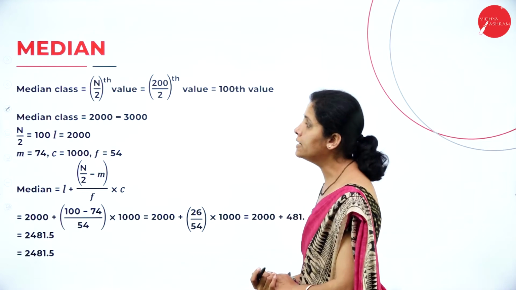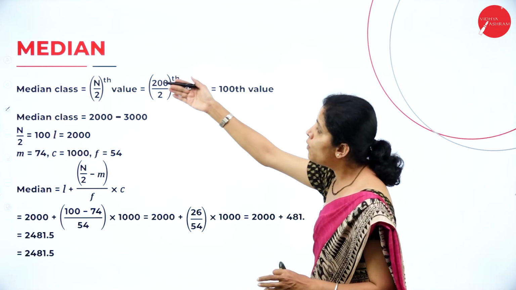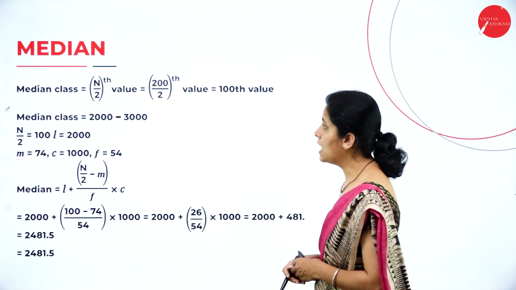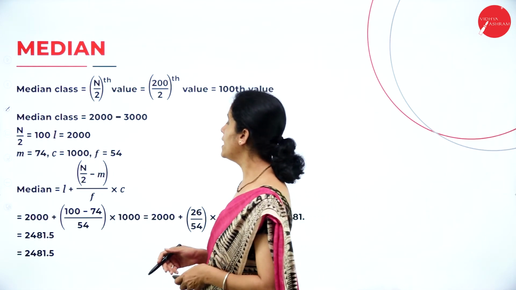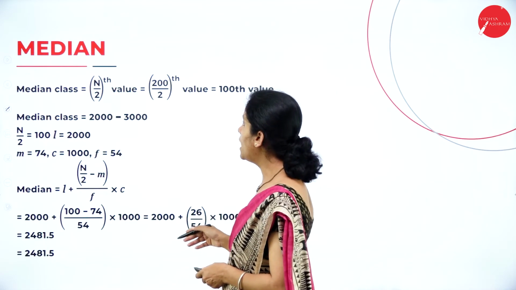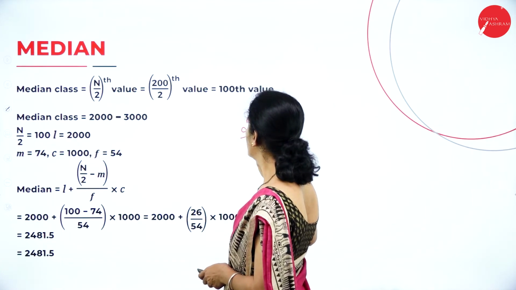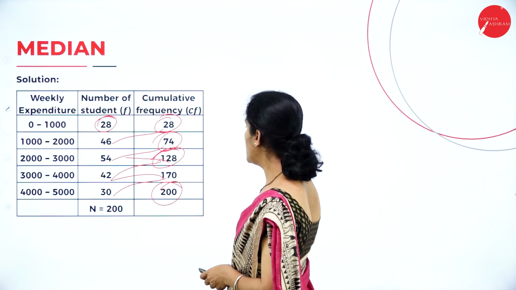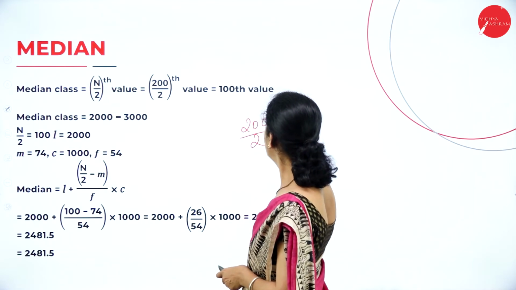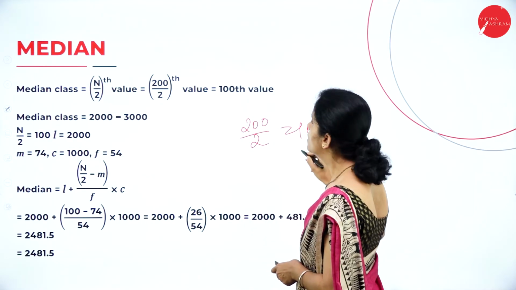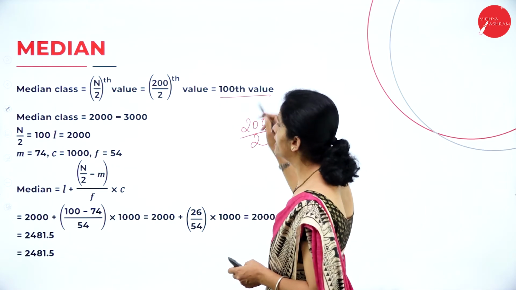So, dear student, here I want to find the median class and what's the value? N is nothing but 200, n by 2, it is 100. Okay, fine. So 100.